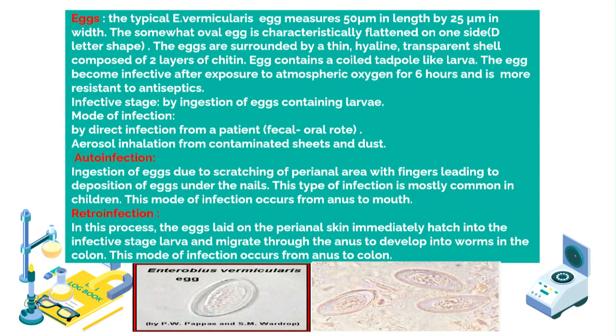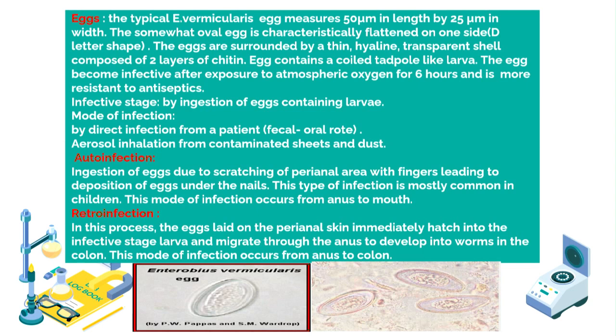The eggs of the Enterobius vermicularis worm measure 50 micrometers in length by 25 in width. The somewhat oval egg is characterized by being flattened on one side, like the letter D. The eggs are surrounded by a thin, hyaline, transparent shell composed of 2 layers of chitin.